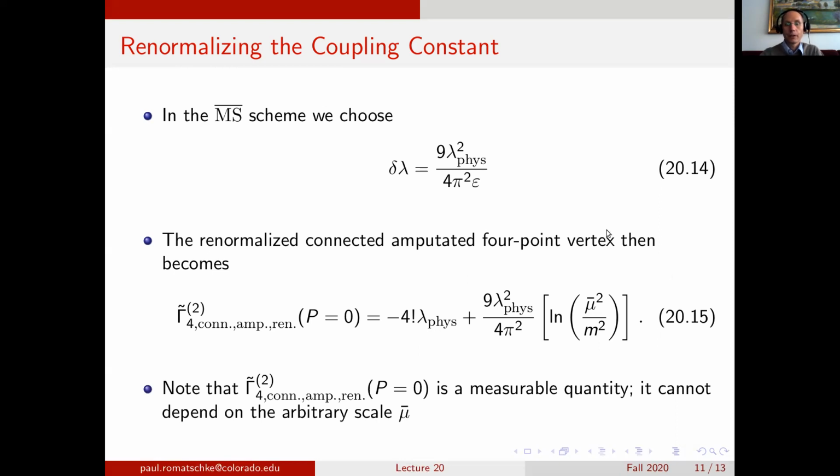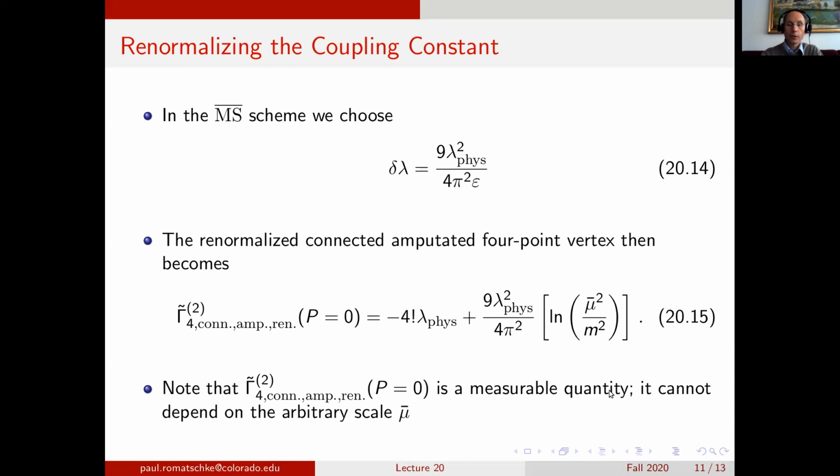And we have this particular result here that would depend, so it seems, on the renormalization scale mu bar. Recall that mu bar is an arbitrary scale, and the 4-point function is, at least in principle, a measurable quantity. You can do, for instance, a scattering experiment, and the scattering experiment cannot depend on an arbitrary scale that you don't know about. So that means that the left-hand side is independent of mu, but it seems like we have an explicit dependence on mu on the right-hand side.